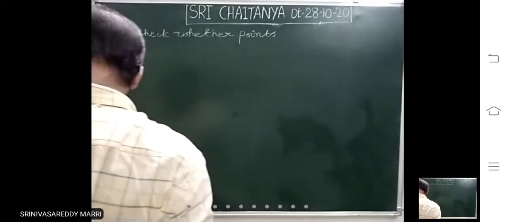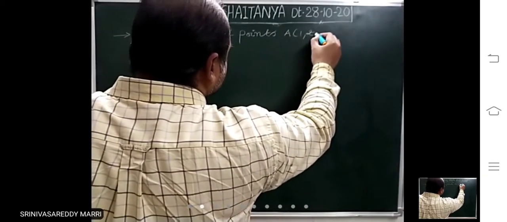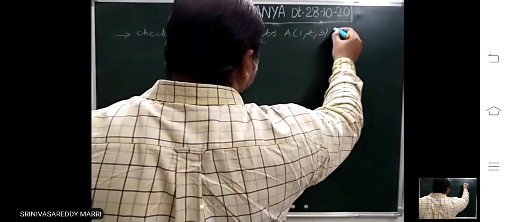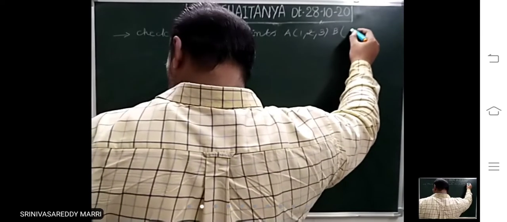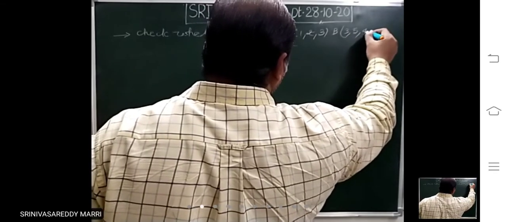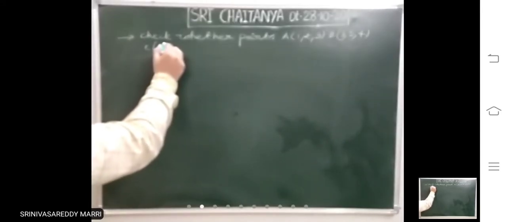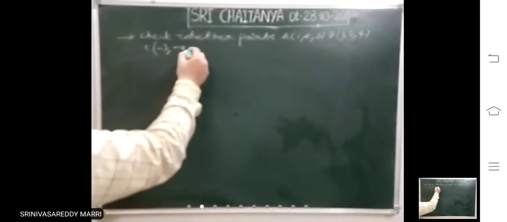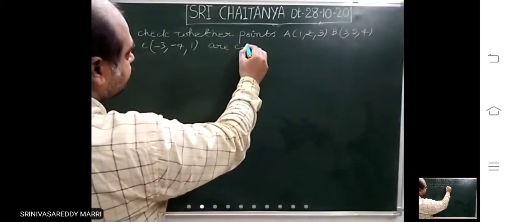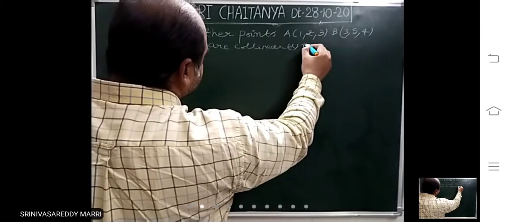Check whether the points A (1, 2, 3), B (3, 5, 4), and the third point C (-3, -4, 1), whose coordinates are given, are collinear or not.